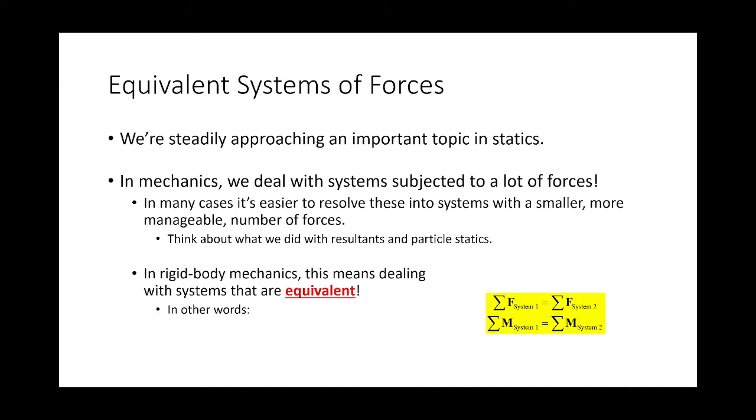So we typically, as engineers, deal with systems that are subjected to quite a lot of forces, okay? For example, we're going to be dealing with systems like truss analyses, where we're going to have forces all over the place. We're going to be looking at the method of joints. There's forces all over the place. Many times, it is easier to resolve those systems of forces into a smaller, more manageable set of forces.